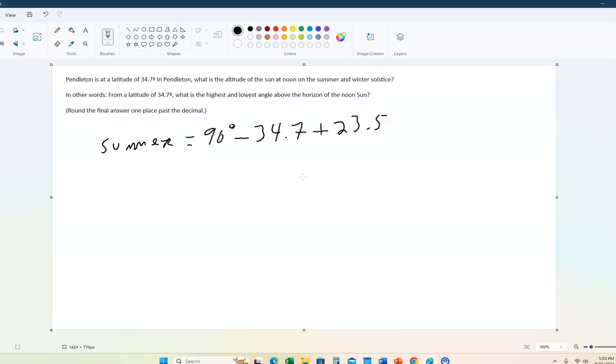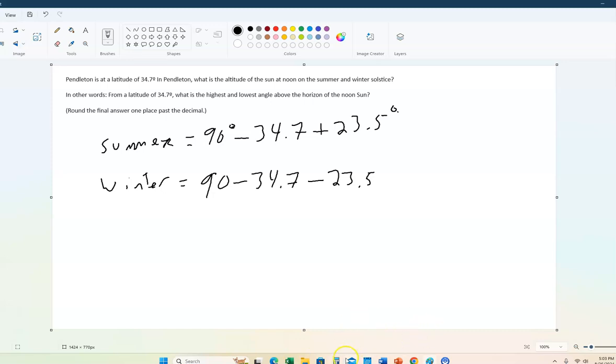I mean, this is really simple. These are already in degrees, and you just add that up. For the wintertime, I'll do the calculation in just a second. In wintertime, it's of course 90 minus 34.7 minus 23.5. All right, so there's your calculation.